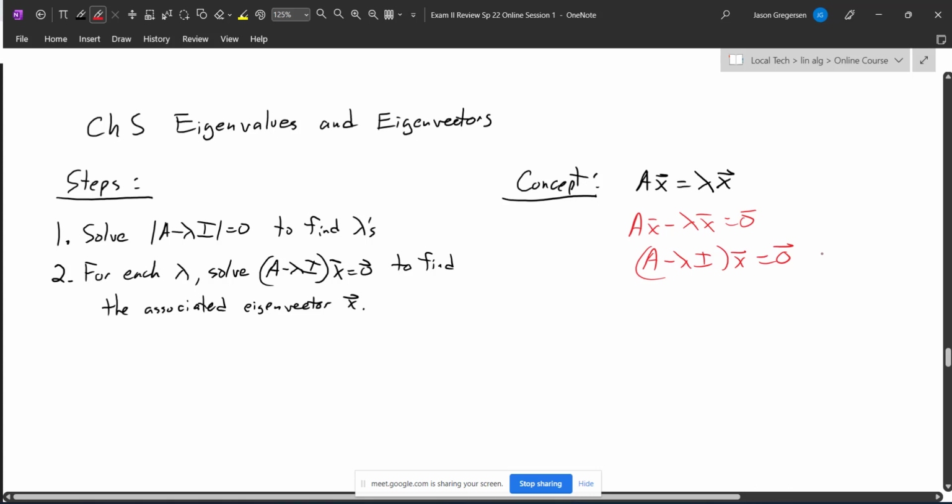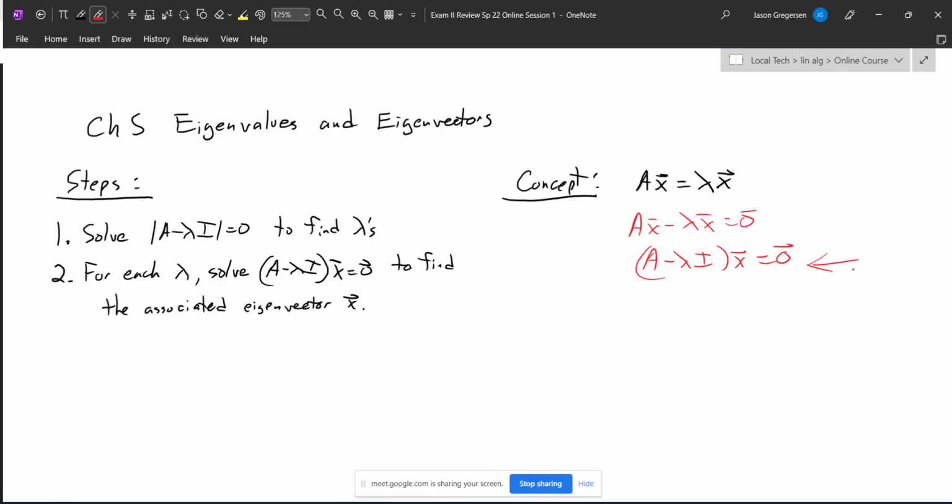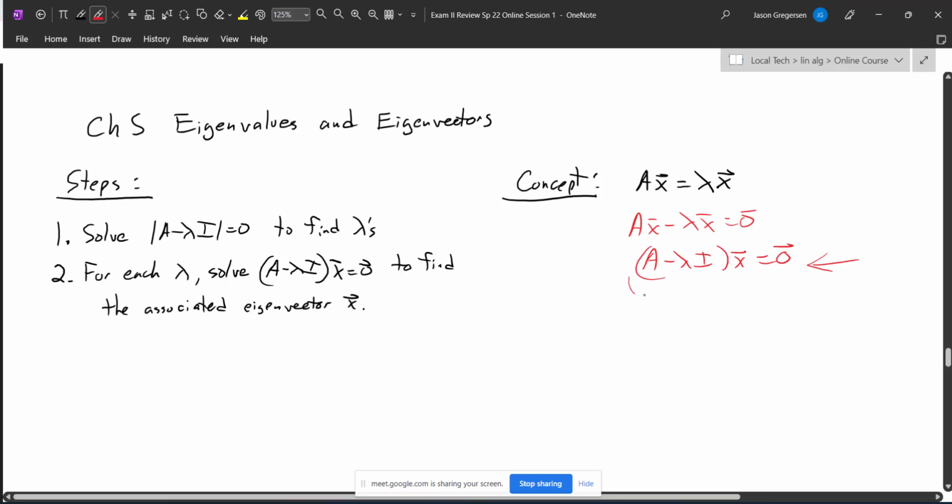The problem is I can't solve this equation because I have two unknowns, lambda and x, and I only have one equation. But I'm looking for non-zero solutions to this homogeneous equation. And that can only happen if this matrix is not invertible, which can only happen when the determinant of that matrix is equal to 0.